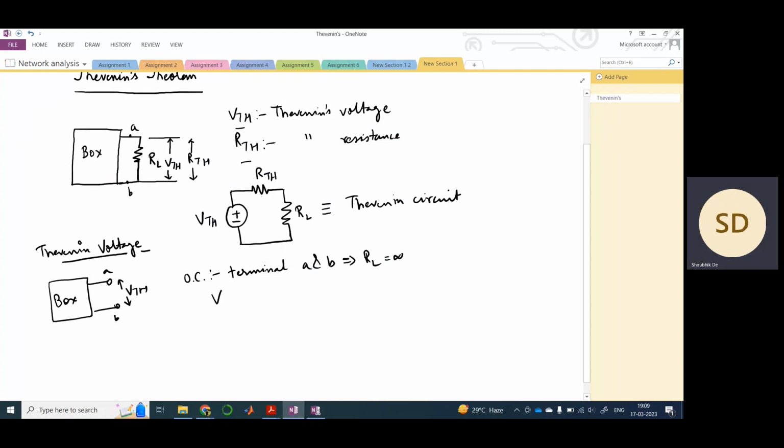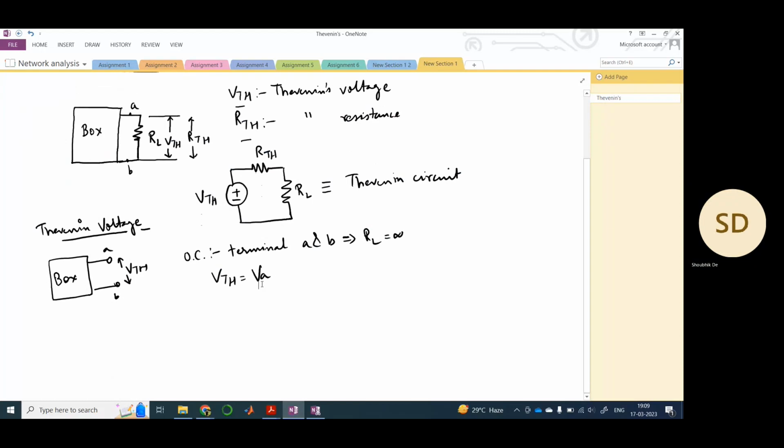So you get some value of Thevenin voltage, here it's VA.